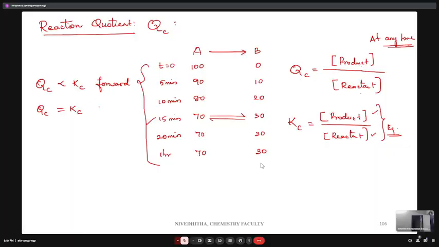The reaction is at equilibrium, ma'am. If Qc is greater than Kc, then we can understand the reaction is occurring in backward direction. Okay, that's it. So we may expect question from this concept also. They'll be asking us to find the direction of the reaction. Let us see one problem related to that.